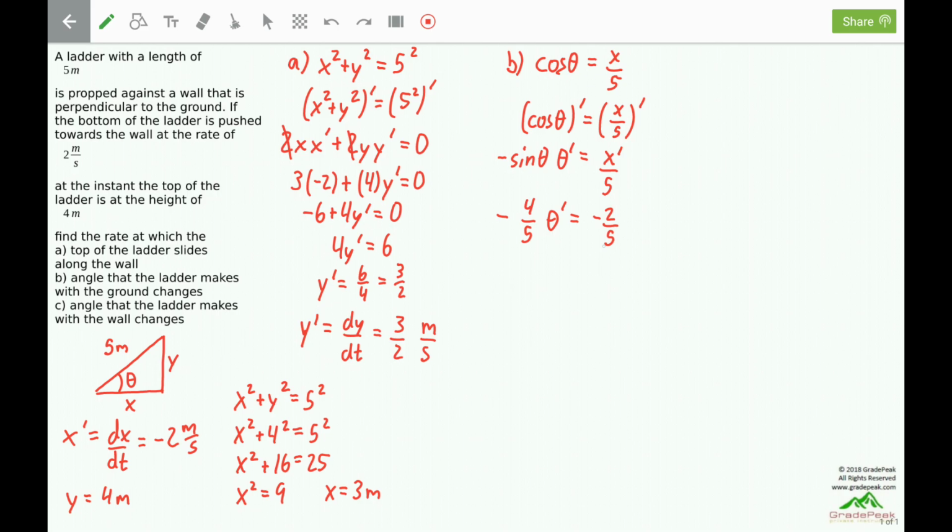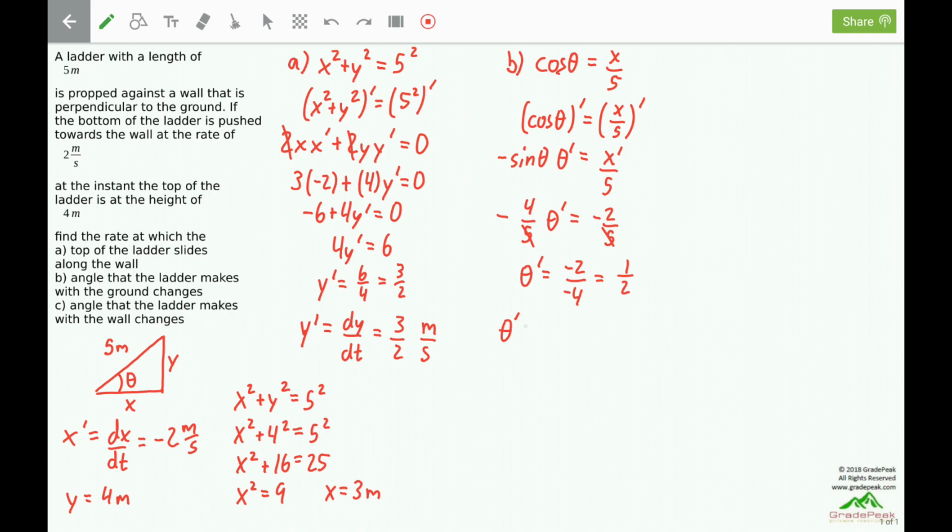We can now cancel the 5's out as long as they're in the same position on opposite sides of the equal sign. They can be canceled. And so theta prime becomes, dividing both sides by negative 4, negative 2 over negative 4. We can cancel the negatives and we can divide both by a 2, which will reduce to a 1/2.